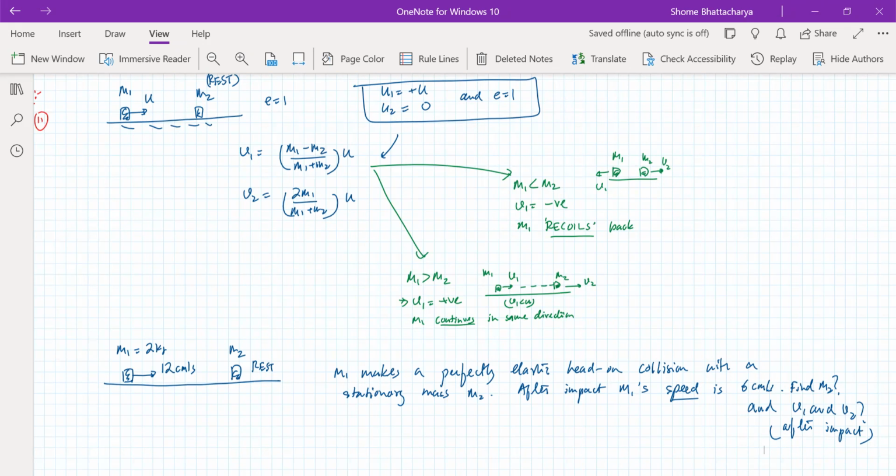So 6 centimeters per second in the same direction, that is not given. So basically you have to consider both the cases. You understood now? Yes, sir. Okay. So that is where this analysis becomes important from above. There are two possible cases, and accordingly, you will get two different sets of answers for mass and all that, right?